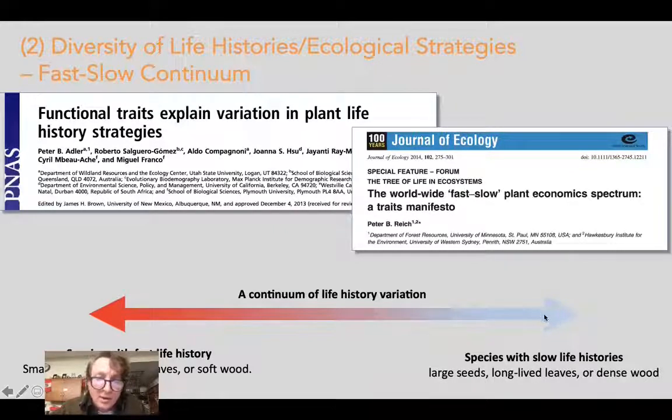That is, all different species on the planet can be characterized by species with slow life histories, characterized by slow traits, or species with fast life histories, and those species are characterized with fast traits. So the idea is that the traits are telling us where species are located in terms of their different strategies.